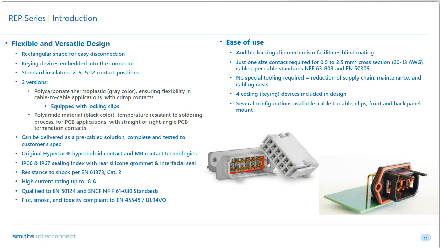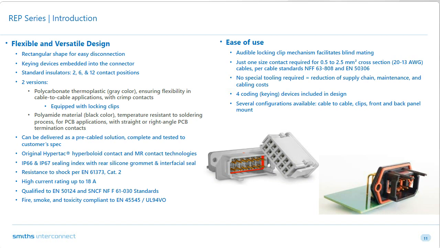They might be doing all sorts of acrobatic postures to get some of these things up and running, right? And in case of hyperboloid, you can use one size contact for 0.5 to 2.5 square millimeter cross section of wires.